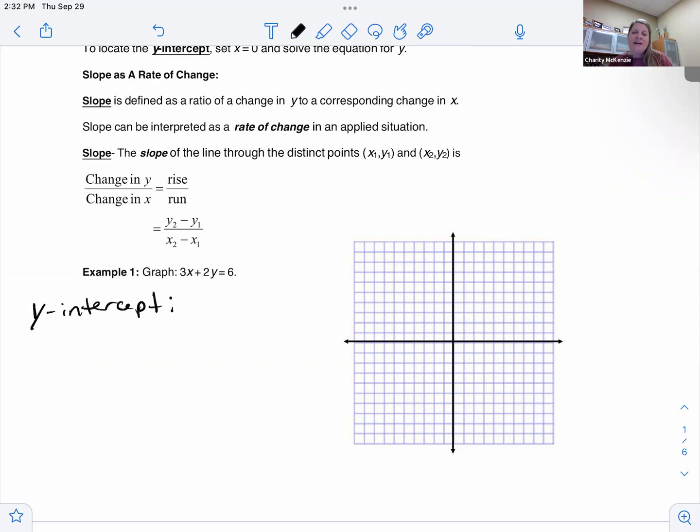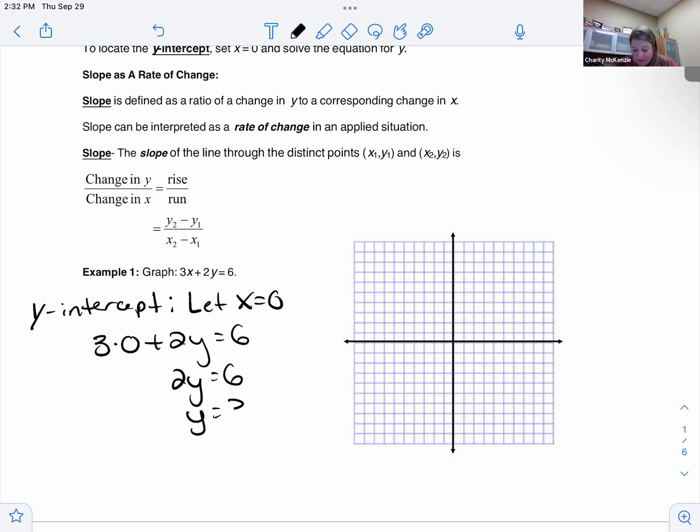So what did we do to find the Y-intercept? We let X equal 0. So writing this equation back down, 3 times 0 plus 2y equals 6. The 3 times 0 goes to 0, so I really have 2y equals 6. Divide both sides by 2, and y equals 3.